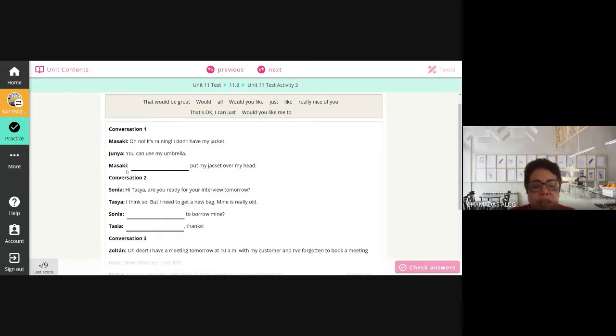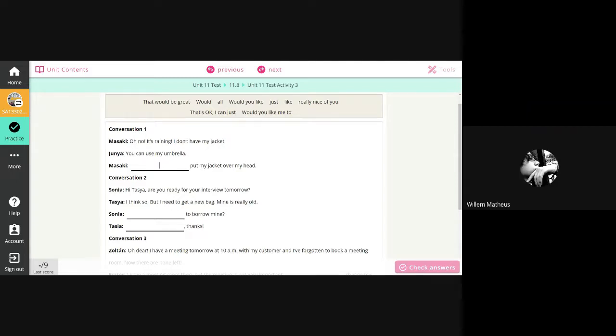So what do you think Masaki says? Does he accept the umbrella or does he reject politely? I think he rejects. That is okay. I can just put my jacket.